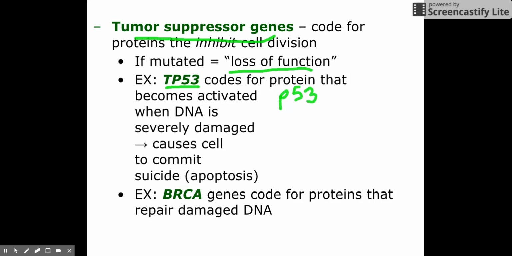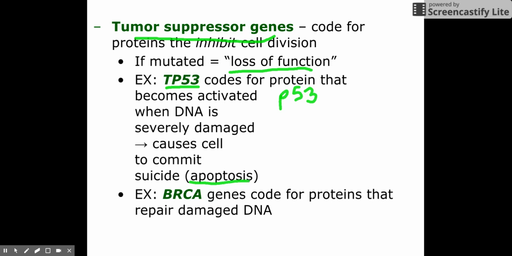However, if it's not able to be repaired, the cell needs to take one for the team, basically, and undergo apoptosis so that it prevents that damaged DNA from getting into the next generation. So TP53 is a tumor suppressor gene that, when mutated, very often is associated with that person developing cancer.